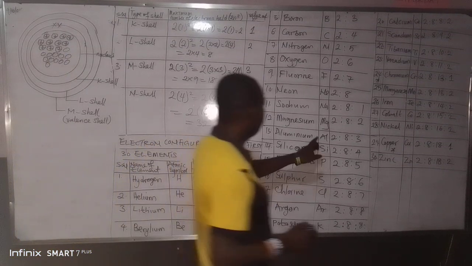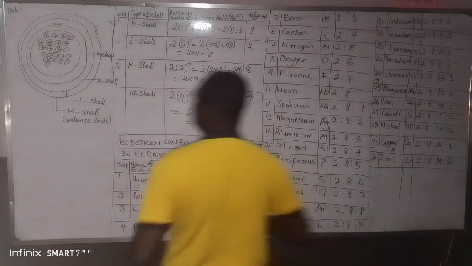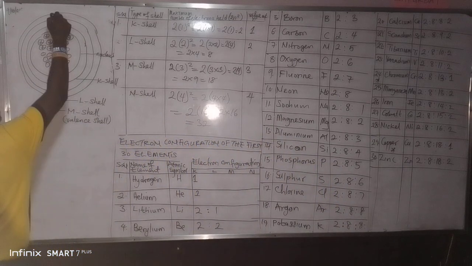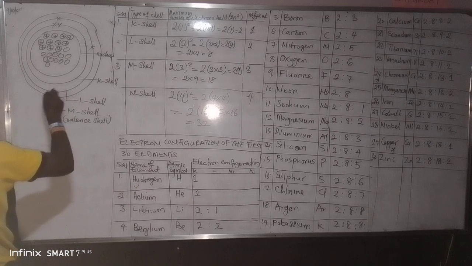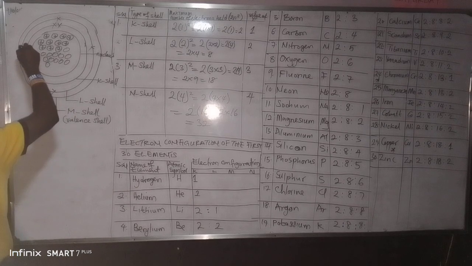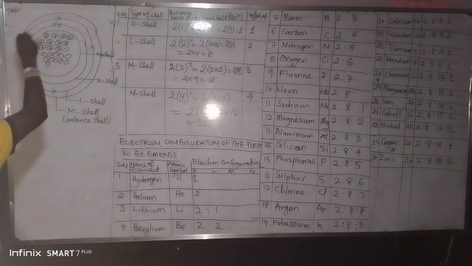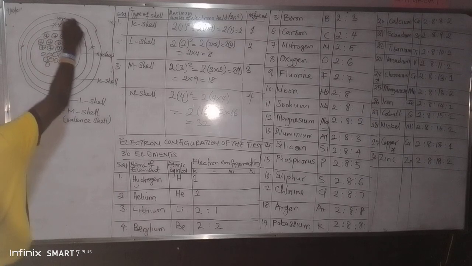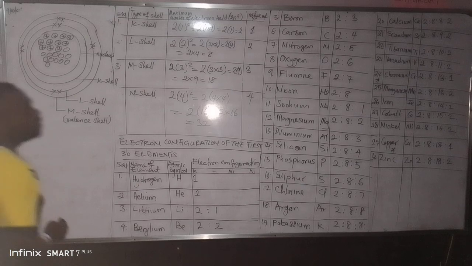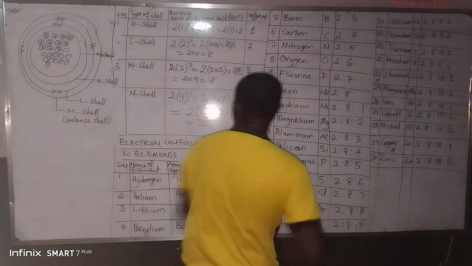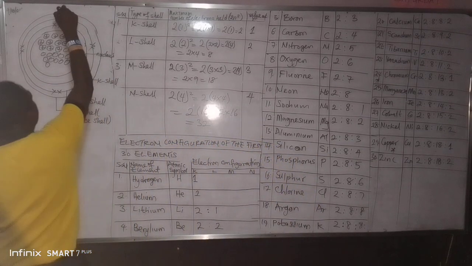Then the 8, we put 1, 2, 3, 4, then pair again, 5, 6, 7, 8. Then this 1 can be anywhere outside there.